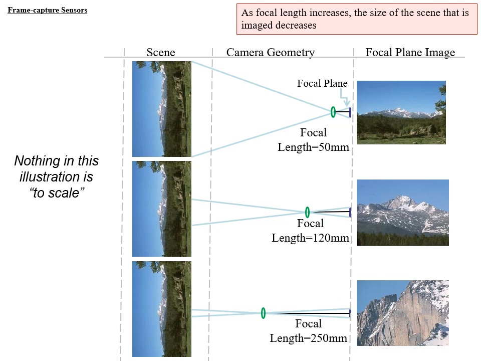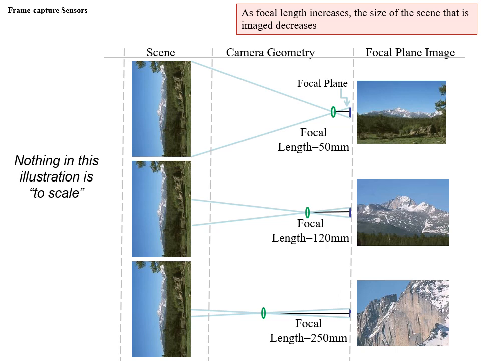So as focal length increases, the size of the scene that is imaged decreases. You can see on that top example, the distances between the lens and the scene objects is very large relative to the distances between the lens and the focal plane. And so you're going to be looking at a very large subset of whatever scene you're looking at.